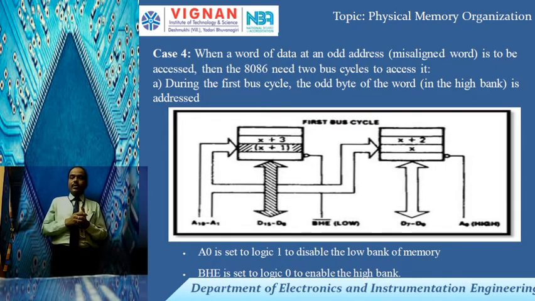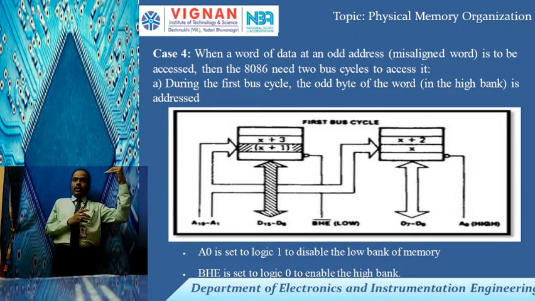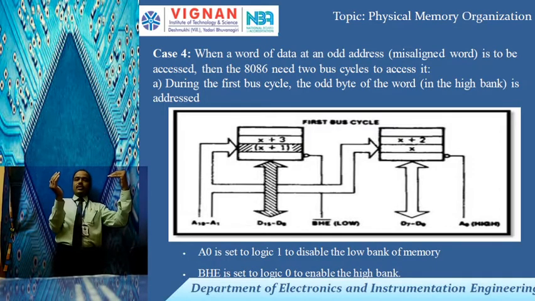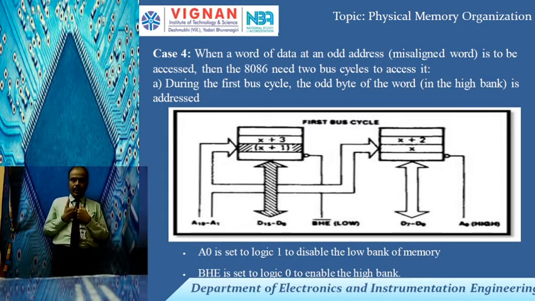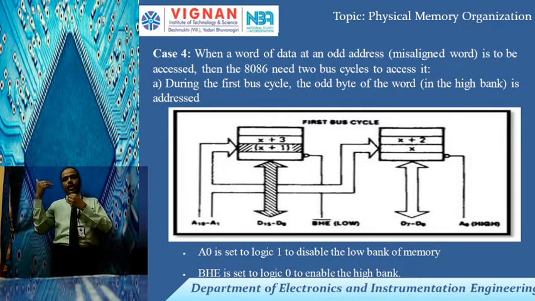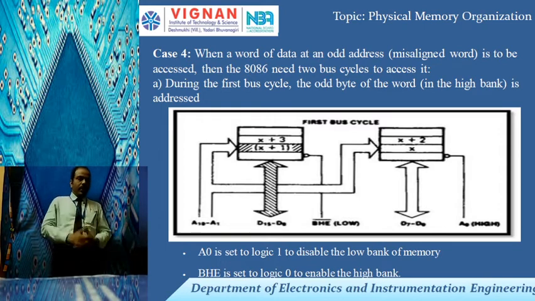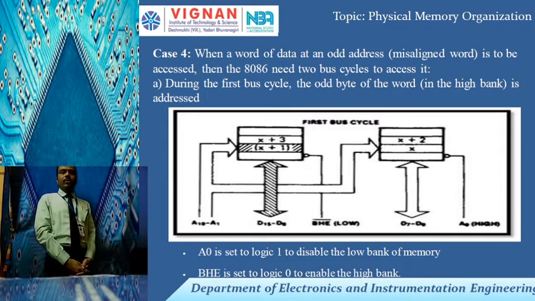But if the lower byte is stored at, say, address 5, and the other one at 6, then 4 and 5 can be accessed at a time, but 5 and 6 cannot be accessed together. So for 5 we require one cycle, and for accessing the other, 6, which is an even address, we require another bus cycle.